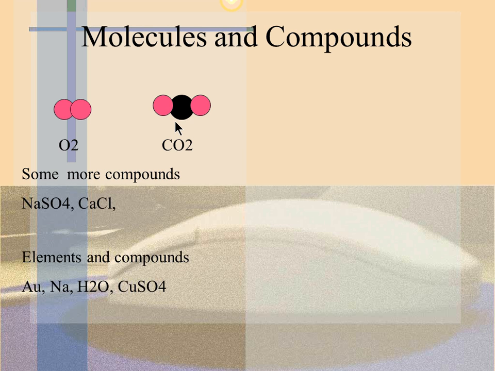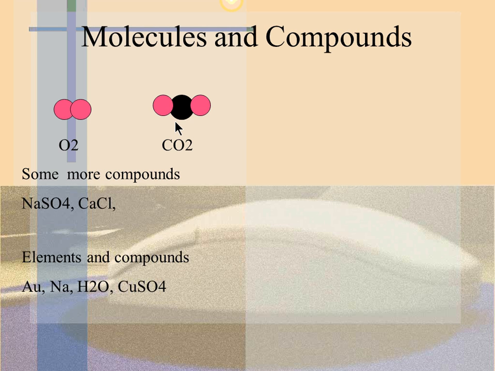When similar atoms combine together, they form a molecule of an element, like oxygen, hydrogen, nitrogen. When nitrogen atoms combine together, they'll form a nitrogen molecule. When hydrogen atoms combine together, they'll form a hydrogen molecule. When oxygen atoms combine together, they form an oxygen molecule. What is oxygen? An element, right?